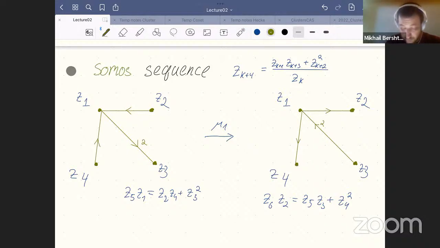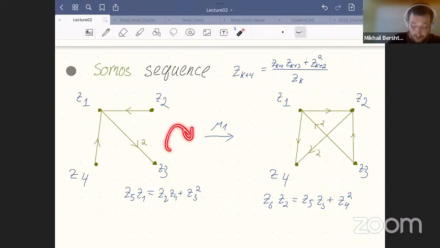So now I want to have that here the arrows go like this, and here we have 2. So this is just a 90 degrees rotation of this picture, like this.